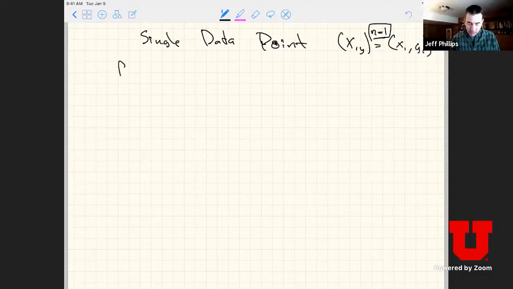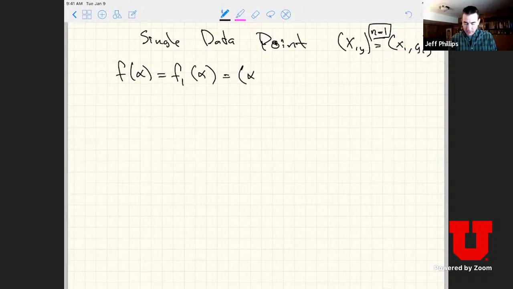Just to rewrite this here, f of alpha, we'll use this later, is going to be f1 of alpha. It's just indicating it's the first data point. In this case, there's only one. I'll expand this out: it's alpha 0 plus alpha 1 x1 plus alpha 2 x1 squared, minus y1, squared.